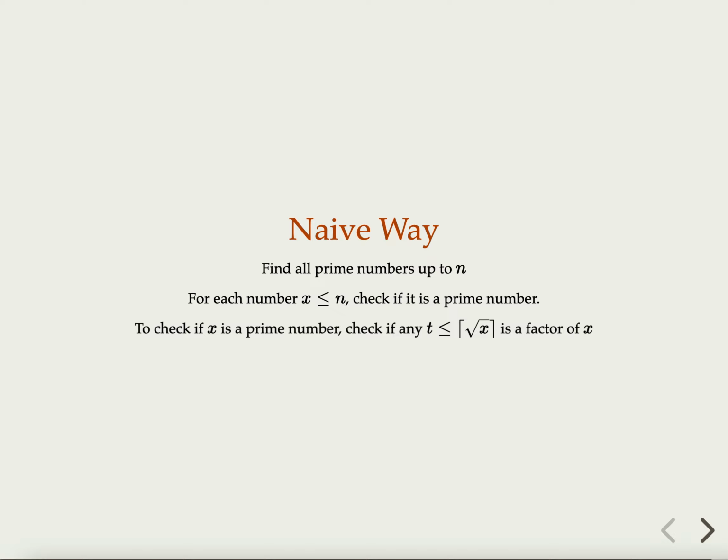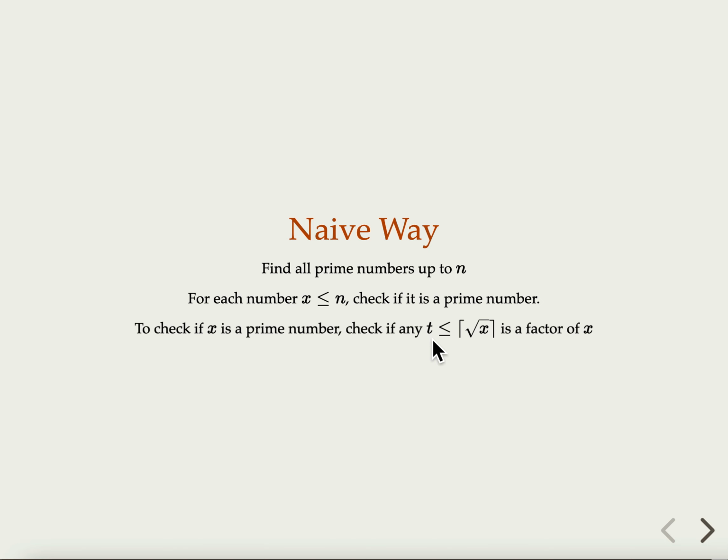Here, the square root of x could be a non-integer, for example, the square root of 7. So here, this symbol is the ceiling of the number. If the square root of x is 6.5, then the ceiling would be 7.